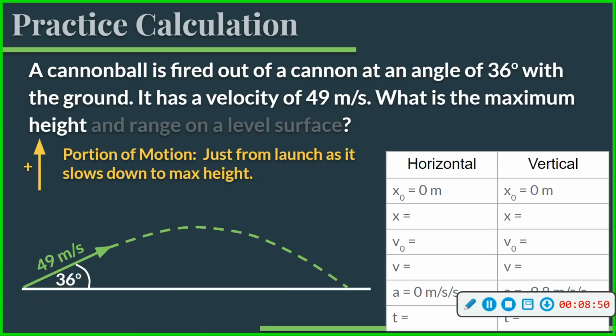All right. So, little sketch here, 36-degree angle, 49 meters per second as our starting velocity. Okay. We're going to cut that down by half. Just look at the time up. Okay. And for that, we know our final velocity is going to be 0.